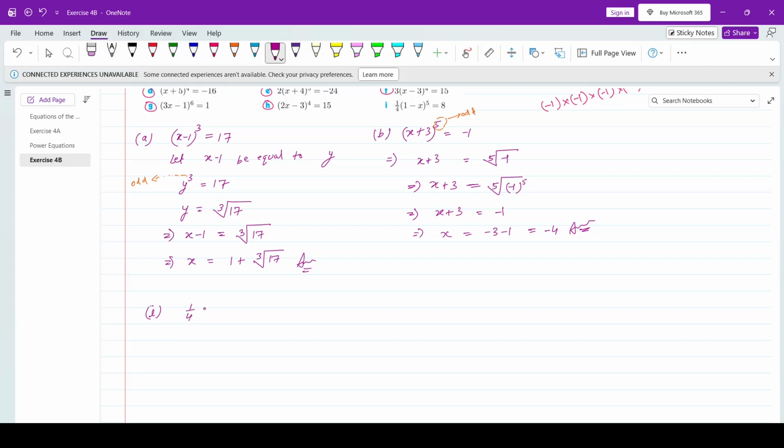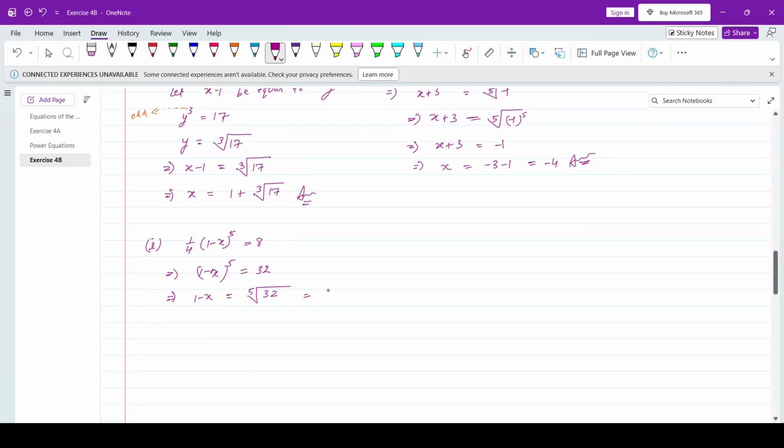So 1 divided by 4 times 1 minus x raised to the power 5 is equal to 8. So 1 minus x raised to the power 5 is equal to 8 times 4, that is 32. So 1 minus x is equal to the fifth root of 32.